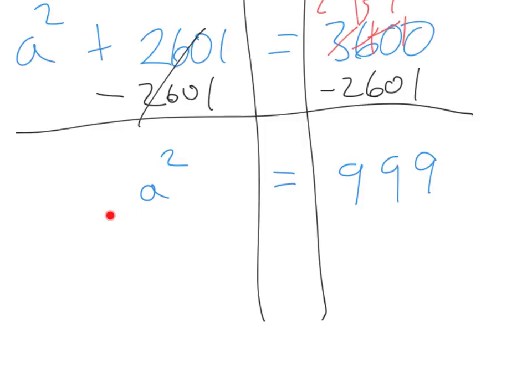So take the square root of 999, and I believe when you punch that into the calculator, you get 31.6069... It goes on forever. So in the problem, they ask us to round to the nearest tenth if necessary.